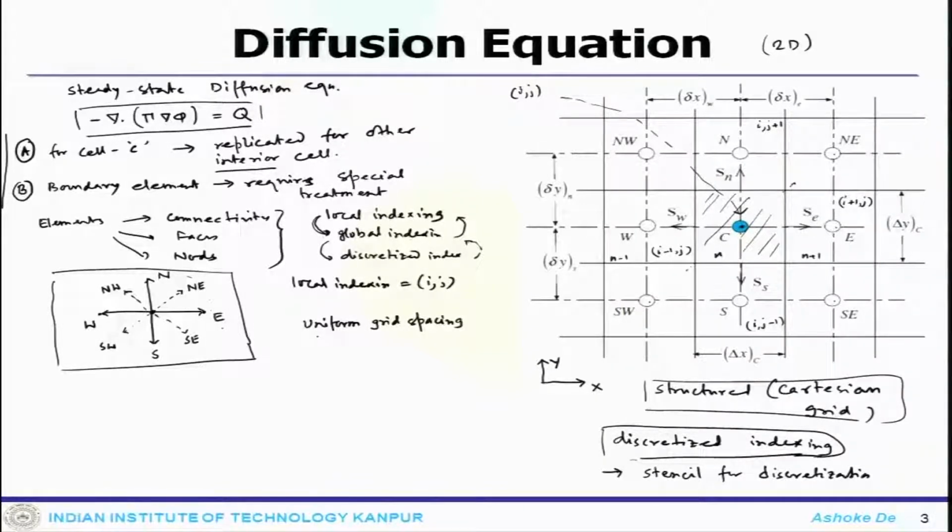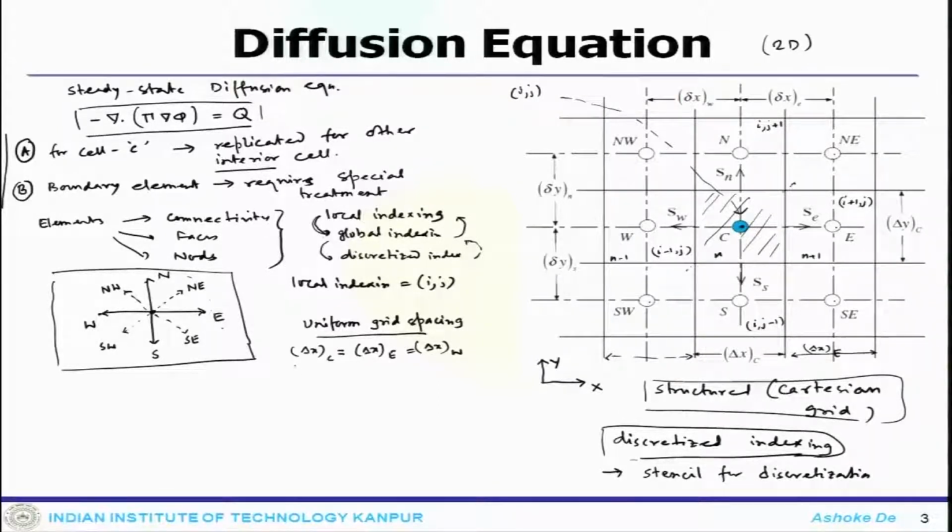That means the cell width for element C, delta x C, is equal to delta x E, which is equal to delta x W. So, the distance of this particular cell C is equal to the delta x of E, and similarly they are equal to the delta x of W. So, that is in the x direction.